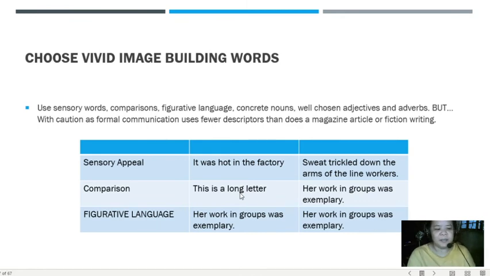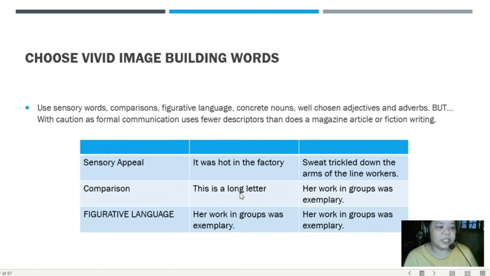Okay, but if you say, "This letter is longer than your first letter," or "This project is far better than the last one that you submitted to me. Good job," rather than just saying that this project is better. Okay, so there is comparison.